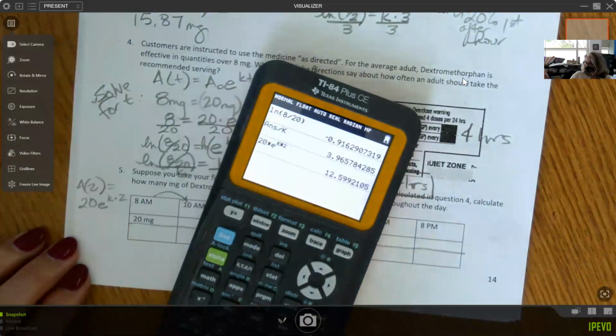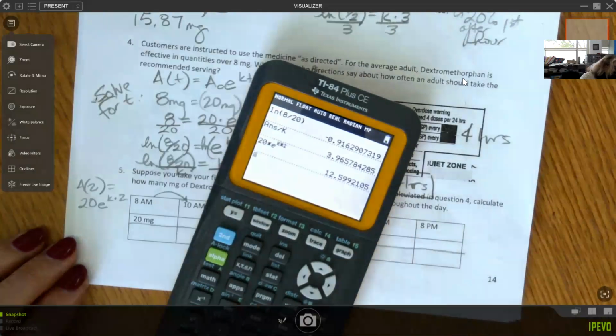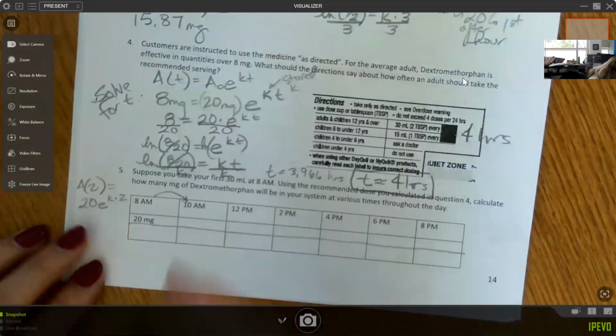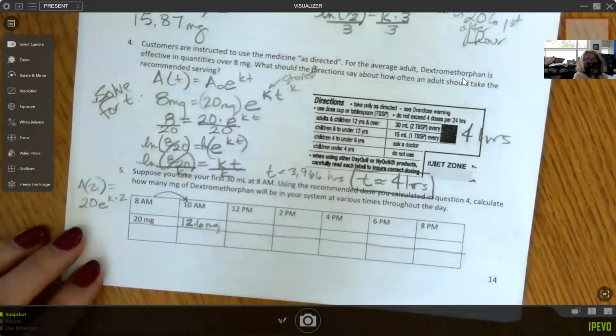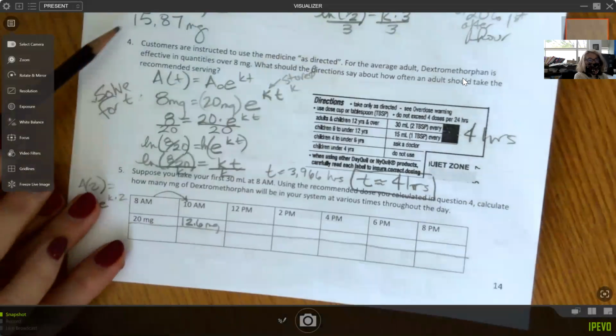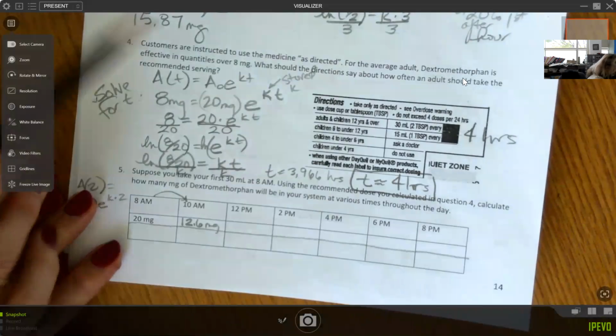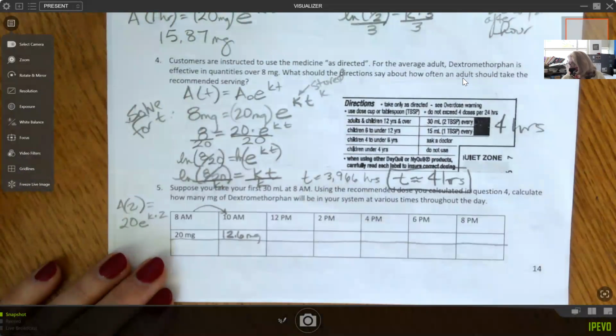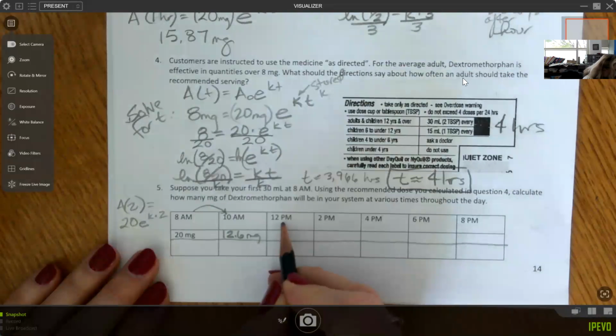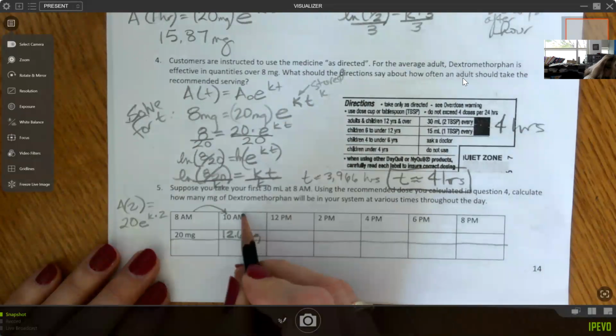And I get 12.6. So this hopefully makes sense, right? Because after 1 hour, remember I had 15.87. After 2 hours, I'm going to have 12.6. I know that after 3 hours, I'm going to have 10. But how much is going to be left after 4 hours?